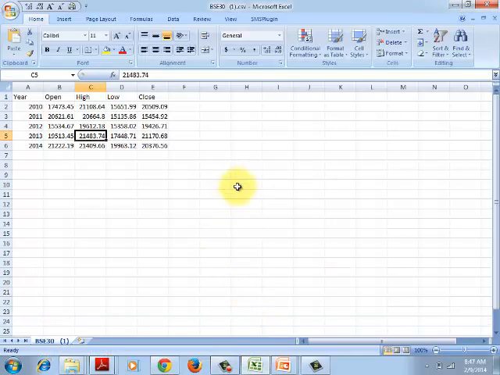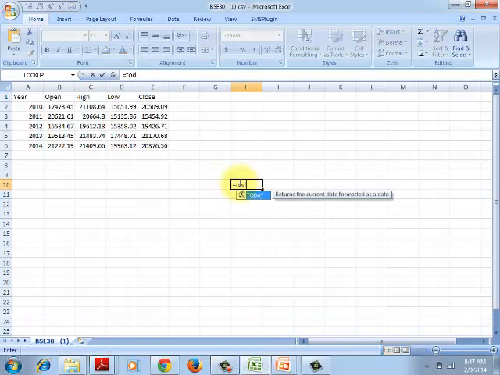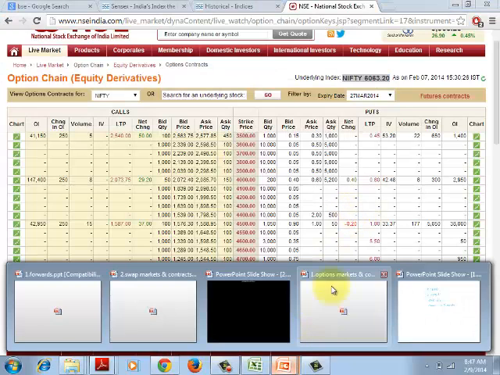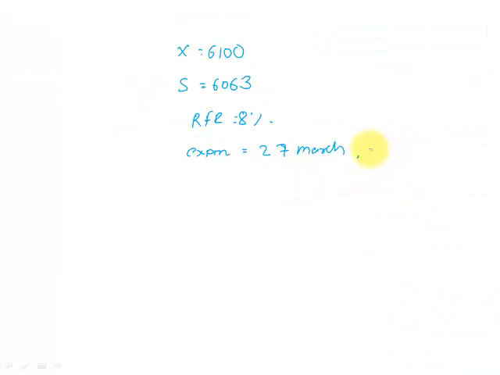So let me calculate the number of days. Year 2014. So the number of days that we have is 46.